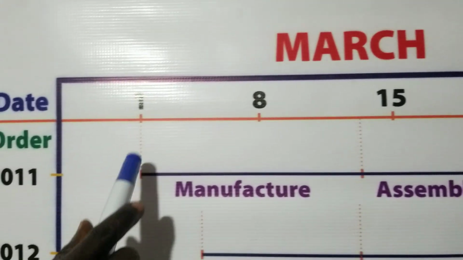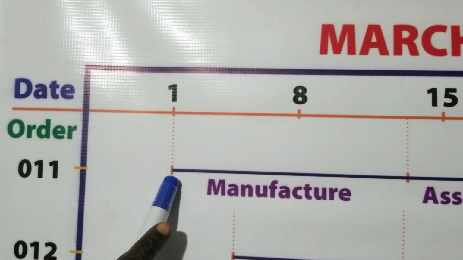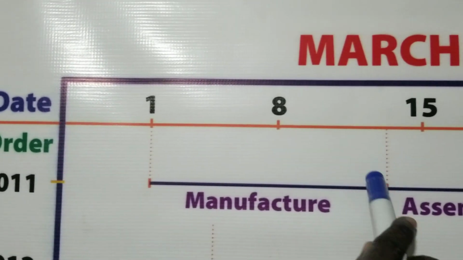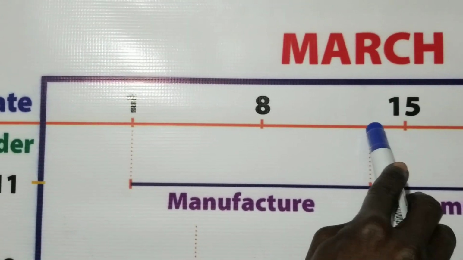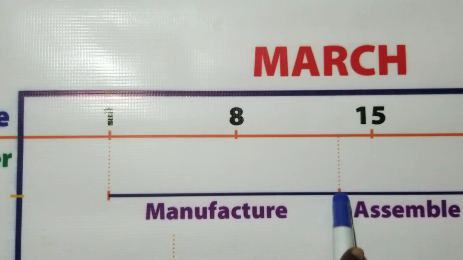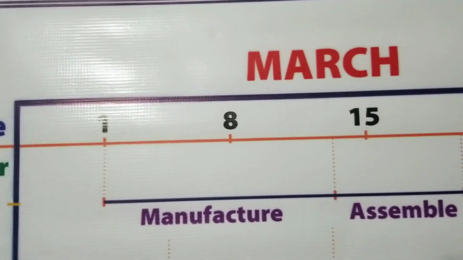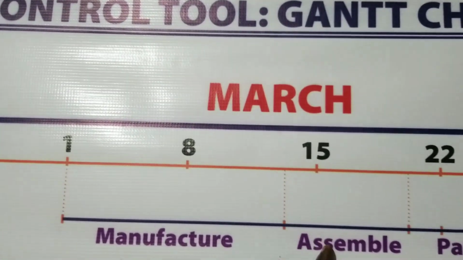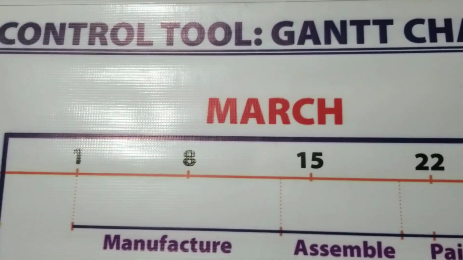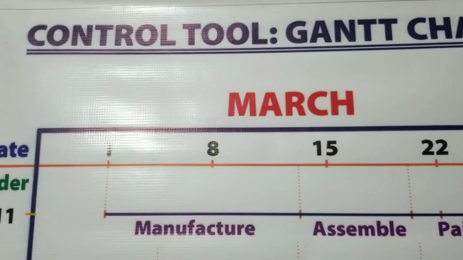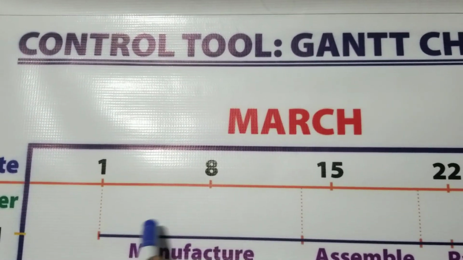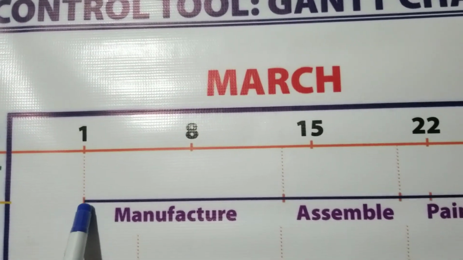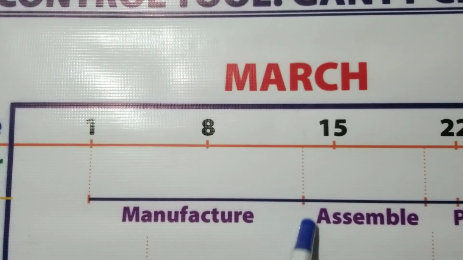The manufacturing should start on the first, and then it ends by 13th. It is completed. Now, because we have assembling here, I cannot use toothpaste, so let me use furniture. So it will start on the first, and then on the 13th it ends.